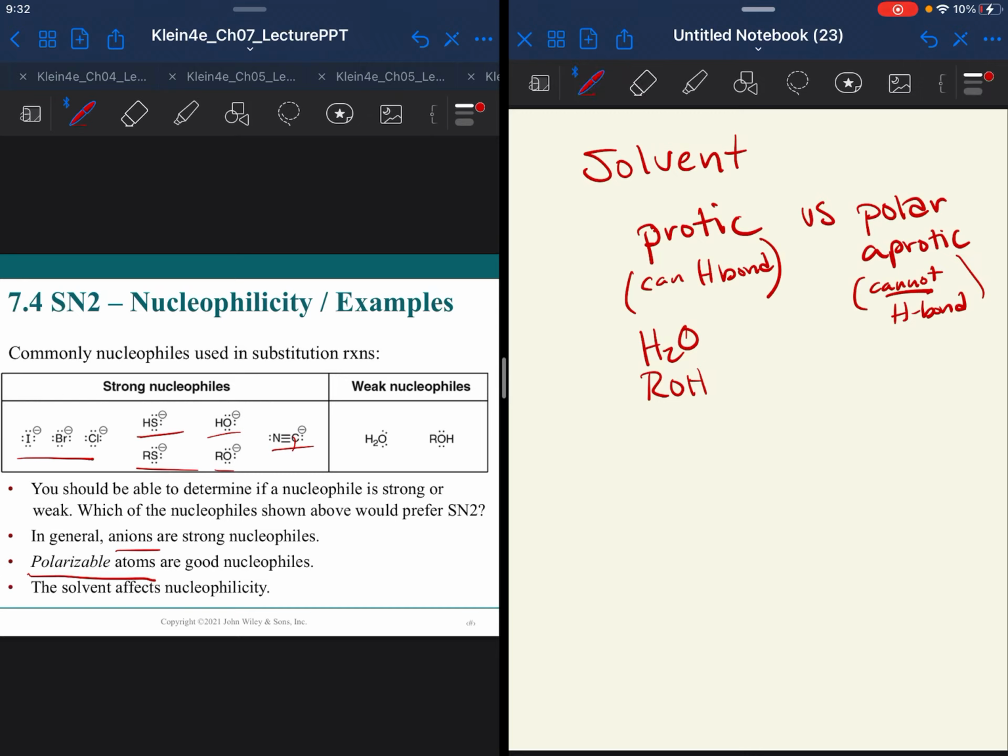A polar aprotic solvent, there's several out there, but I want you to know 3. I want you to know DMSO, DMF, and acetone. So I want you to know those 3 particular types. All right, so let's see, we'll go like this.